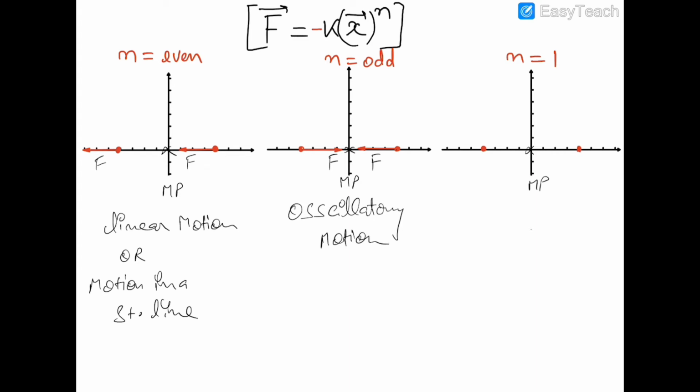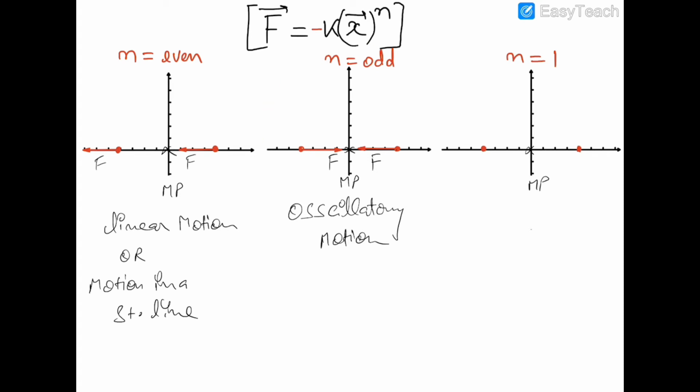So we can say that if this force is acting on a particle and this force is minus kx to the power n, where n is an odd number, then the motion of the particle is oscillatory motion.